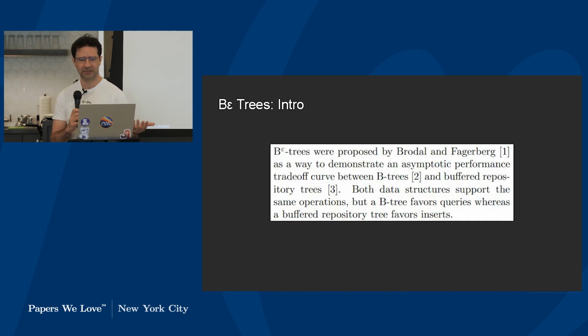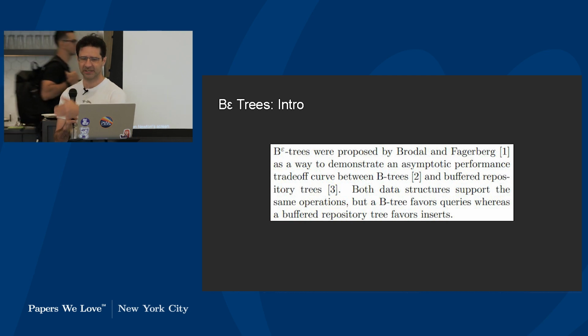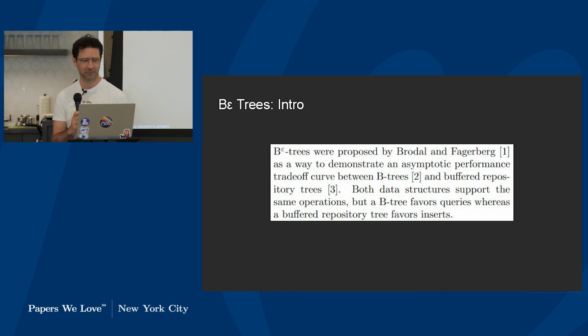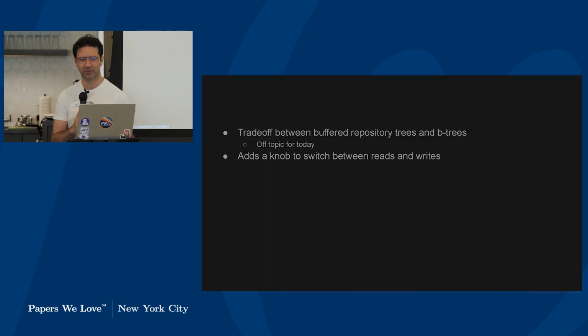So this is describing what a B-epsilon tree is, initially proposed by Brodal and Fagerberg as a way to demonstrate asymptotic performance trade-off curves between B-trees and buffered repository trees. Buffered repository trees really aren't on the topic list for today, but they're basically, what if you just have a hierarchy of buffers?